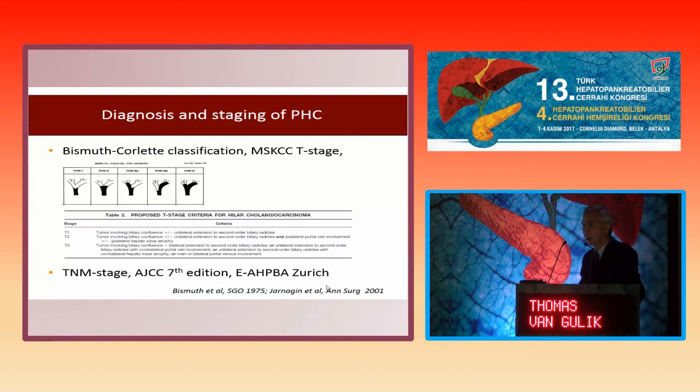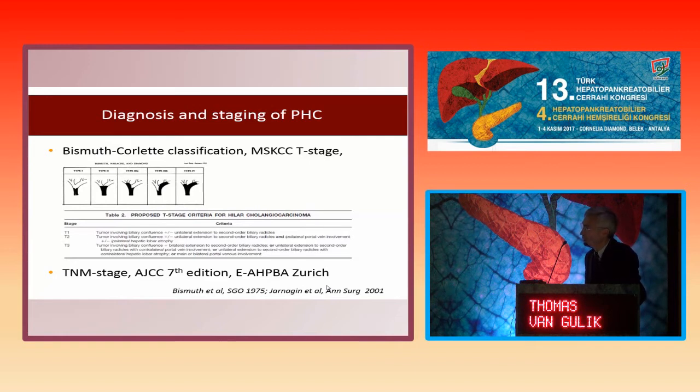It doesn't tell you anything about vascular involvement, it doesn't tell you anything about possible lymph nodes. Now, the Blumgart system, which was developed at Sloan Kettering, is, I think, a little outdated now because our possibilities for resection have increased, so I don't think this is very much applicable anymore.